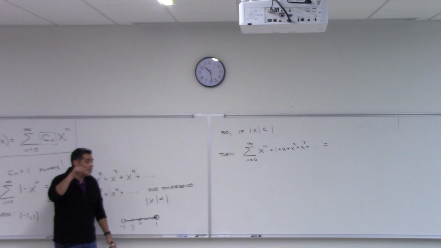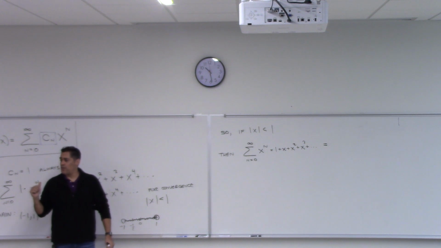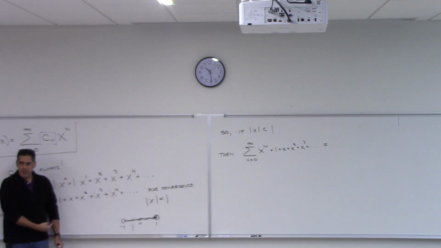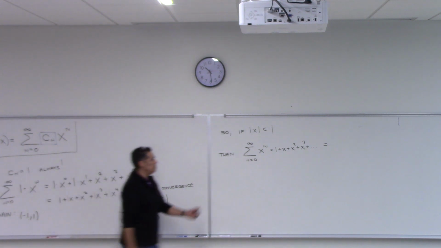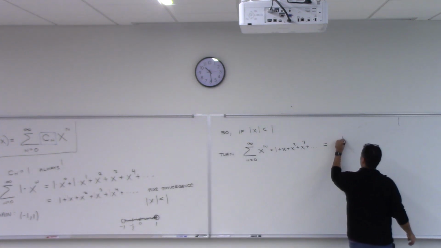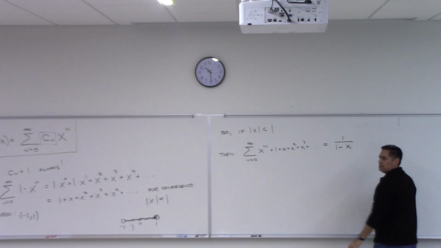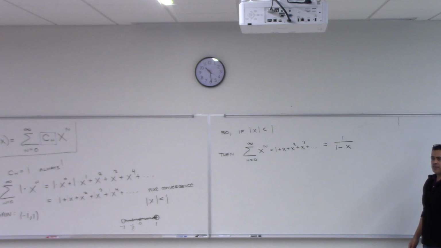A over 1 minus r. A over 1 minus r is what a geometric series converges to. So for us, what's a here? 1. What's r? x. So that should converge to 1 over 1 minus x.